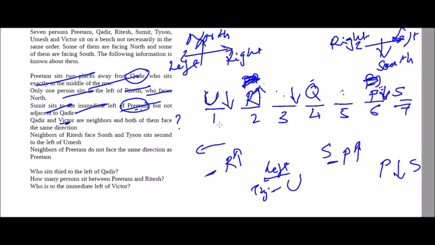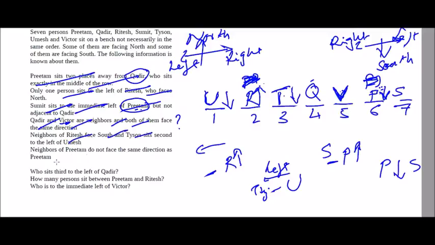Now if Umesh sits in 1, Tyson has to sit in 3 because it says 2 places to the left. Okay, so this is a good thing. Which means Victor has to sit here. I've used up this, and I know Kadir and Victor face the same direction.